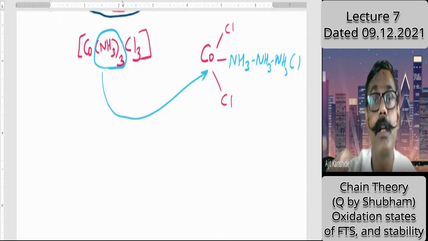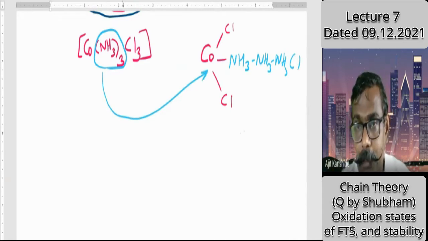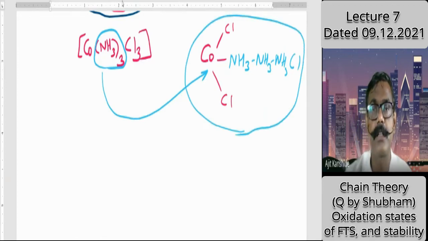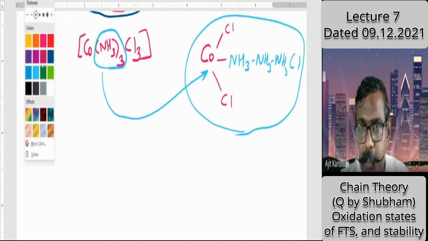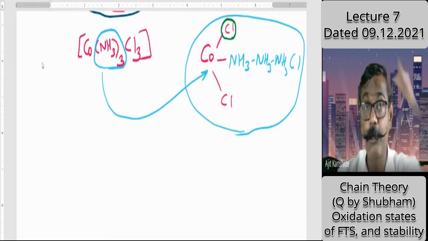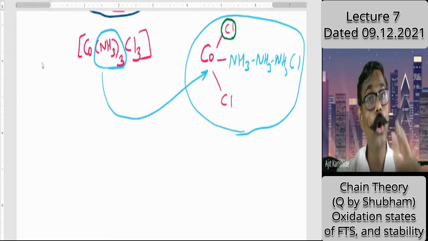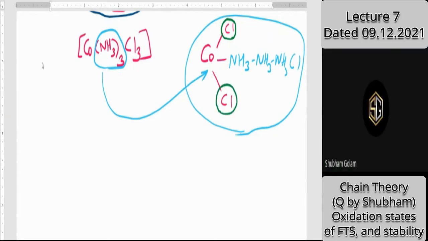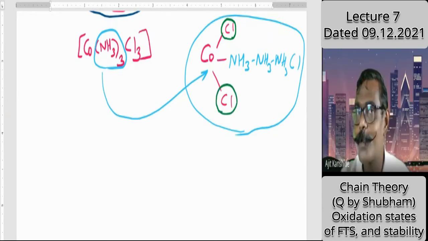At least somewhat clarity will be there. As per this structure, I want help from you now. How many ions should be there? Is this chloride ionizable as per chain theory, per our previous discussion? No, this chloride is not coming out. This chloride also will not come out.